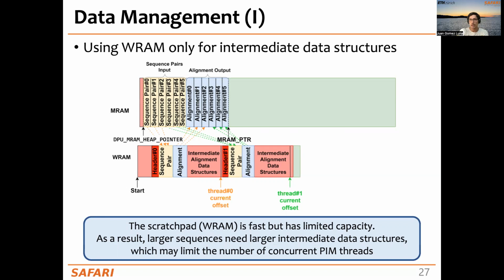However, this scratchpad is fast but has limited capacity, and the consequence is that if we want to align larger sequences, we will also need larger intermediate data structures. Because the total amount of WRAM is limited, we might have to reduce the number of active PIM threads.